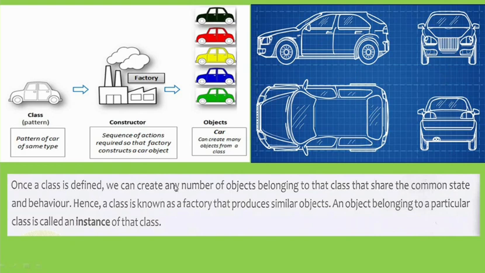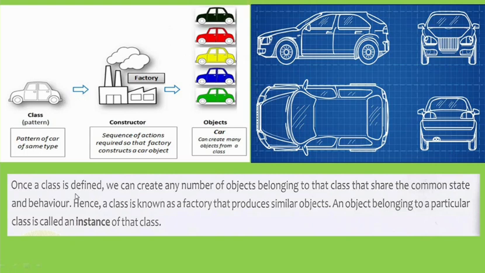Once the class is defined, we can create any number of objects belonging to that class. So once we create this class, this is a blueprint of a car in a factory. Now all the other cars, their color might be different, but they are looking just like this car only.